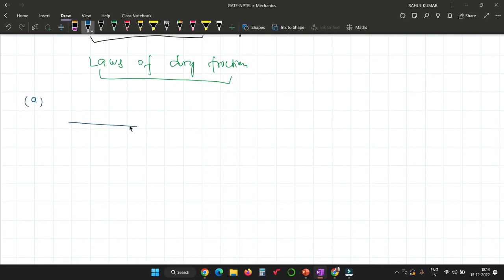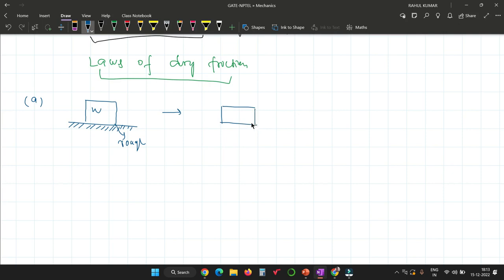Suppose there is a block resting on a horizontal surface, and this surface is rough. If the block has weight W, what will happen? Will it move or not? It will not move.